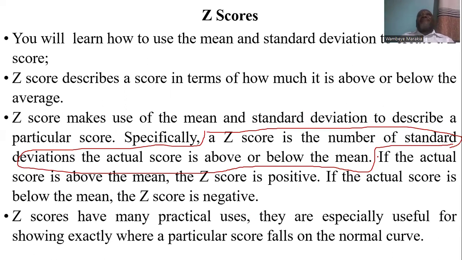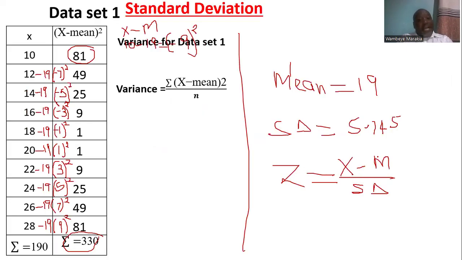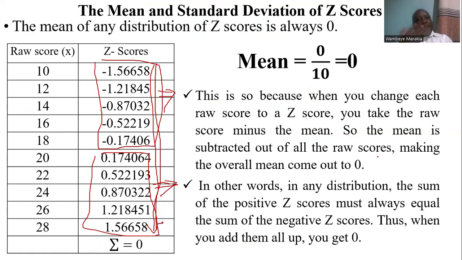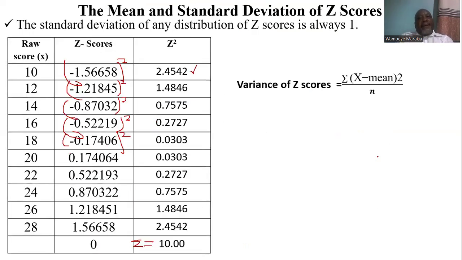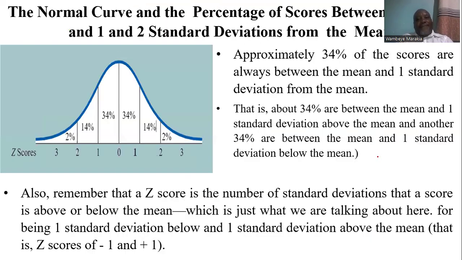So on the left, we might have one standard deviation, and on the right also, we might have one standard deviation on the normal distribution curve, as we have seen. So it's good. We are good to use these values in getting the distribution on a normal curve.